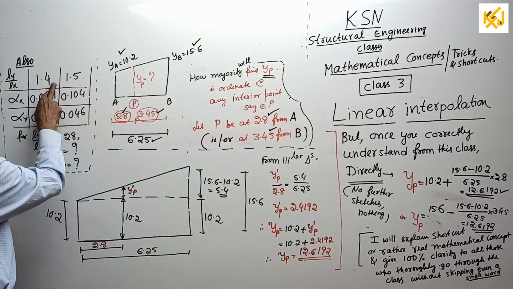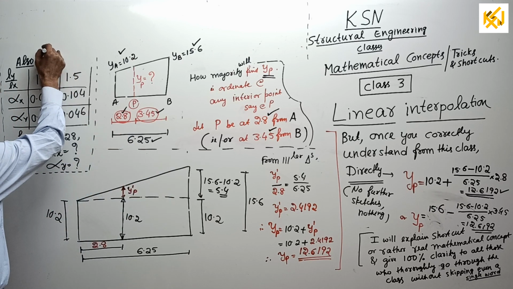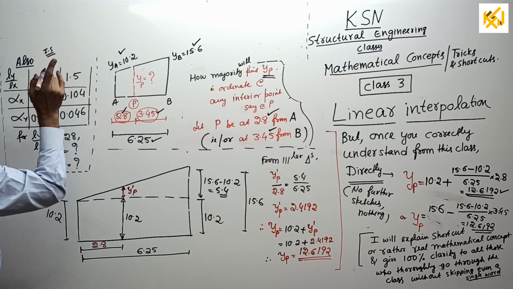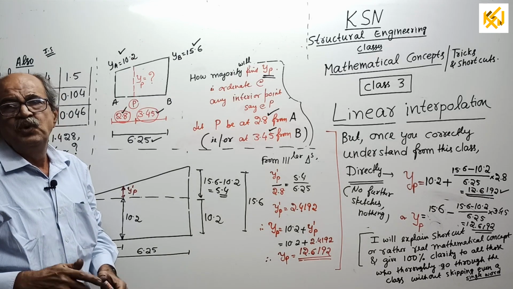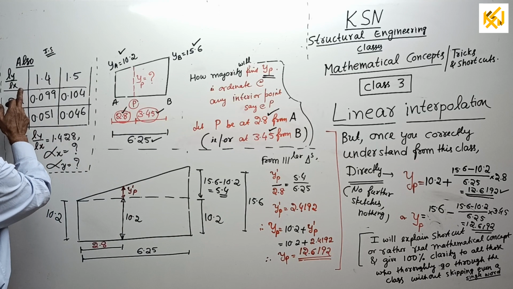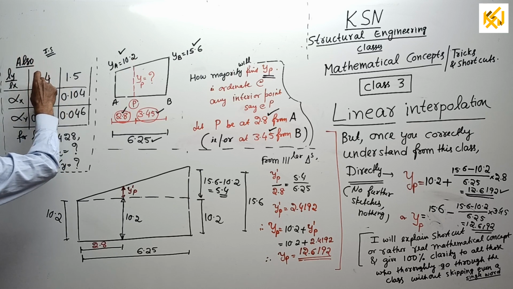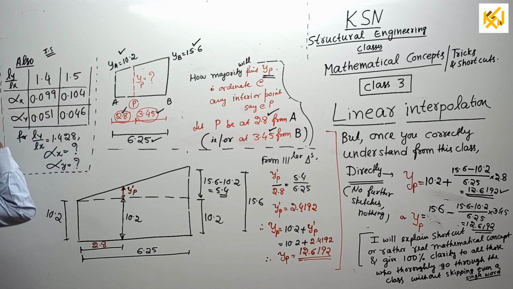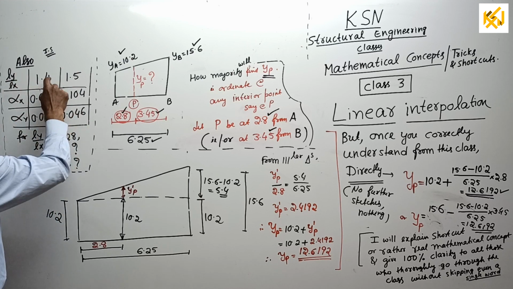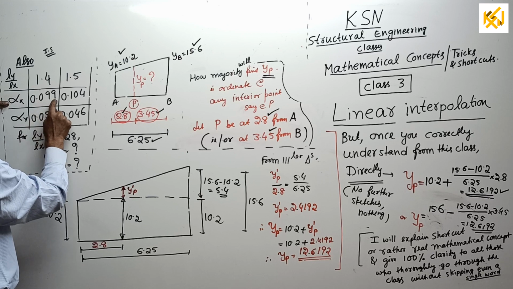See, I selected table, just to understand, remember, this is from IS code, RCC, two-way slab. Those who are not in structure engineering field, you never bother what is this Ly by Lx, what is alpha x, what is alpha y. You just imagine some ratio 1.4 and 1.5, some ratio or anything. For 1.4, see, alpha x is 0.099.